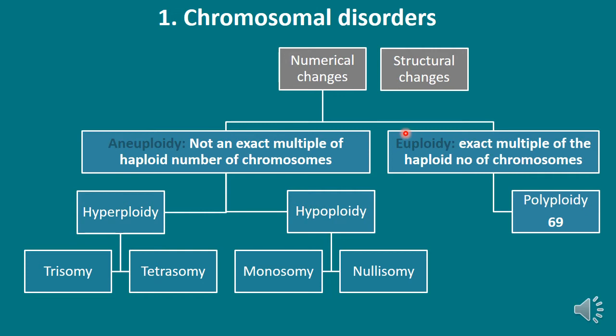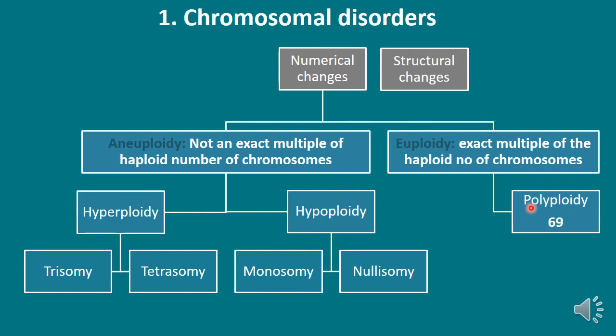That is 23 from the ovum and 46 from the two sperms. So it's a case of euploidy. Since it is greater than the normal number of chromosomes in human cells, it can be more precisely called polyploidy.